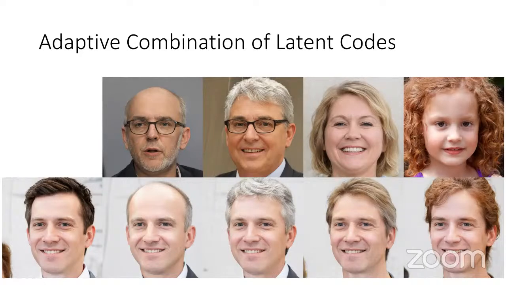So this tries to find an interpolation of two latent codes where one is mainly responsible for the hair and the other for the face. And you can see that this works reasonably well. Not super well, but reasonably well. And so these more intelligent interpolations or latent code combinations are possible.